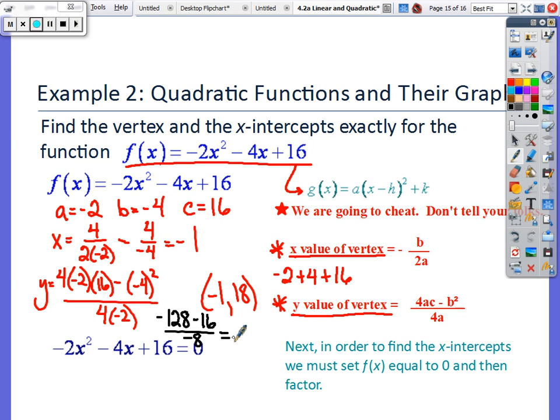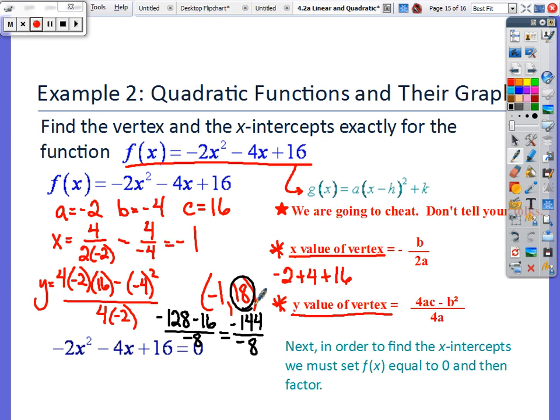And so -128 minus 16, I'm going to plug it in a calculator and just make sure I have the right ones. 128 and 16, we get -144, and then we get that over -8. So if you divide that by -8, what you end up getting is, guess what? 18. Imagine that. That's amazing. Okay? So it ends up working out very nicely.